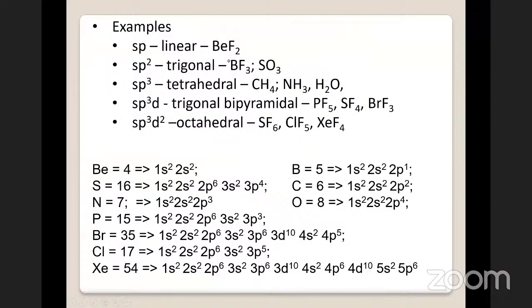So, if you have a molecule where the central atom is beryllium, beryllium has an electronic configuration 1s2 2s2, because beryllium is atomic number 4.